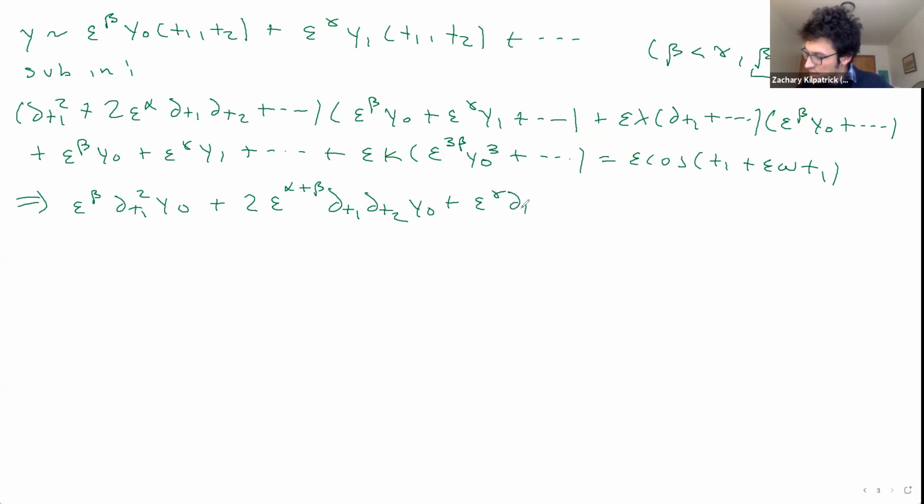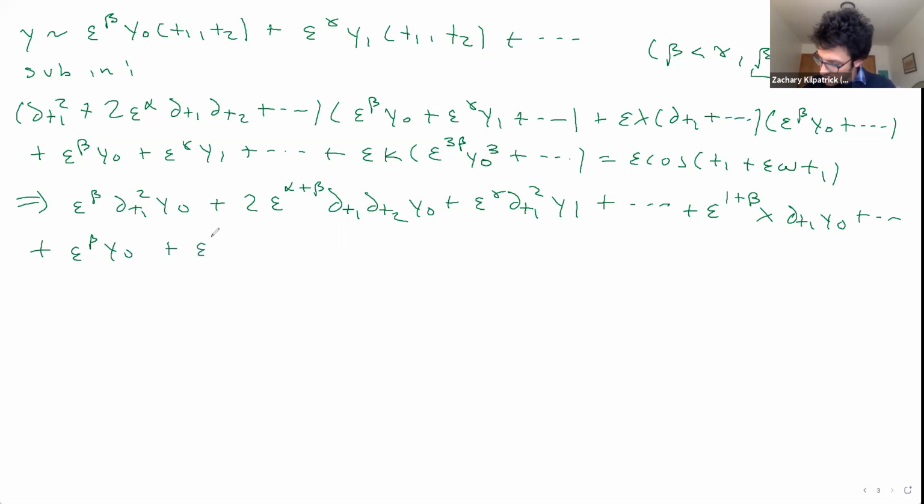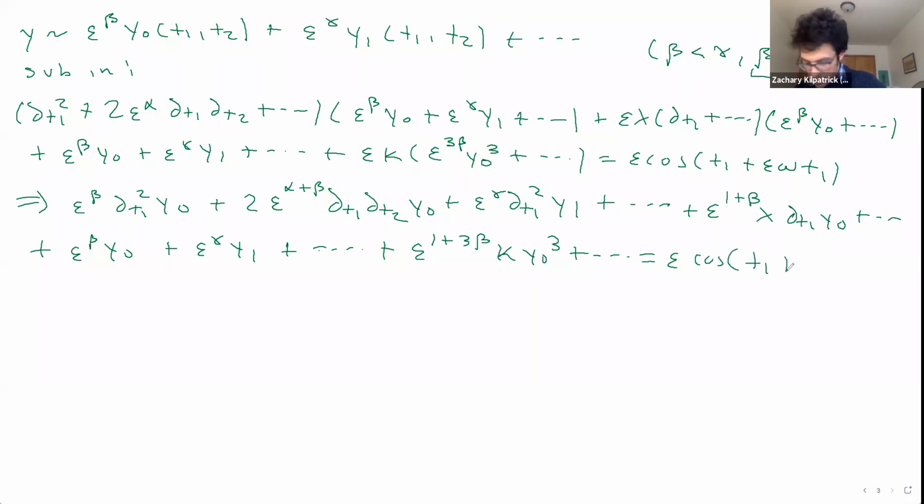Epsilon to the gamma dt1 squared y1 plus some higher order terms plus epsilon to the 1 plus beta lambda dt1 y0 plus higher order stuff, plus epsilon to the beta y0 plus epsilon to the gamma y1 plus higher order stuff plus epsilon to the 1 plus 3 beta kappa y0 cubed plus higher order stuff is equal to epsilon cosine T1 plus epsilon omega T1.